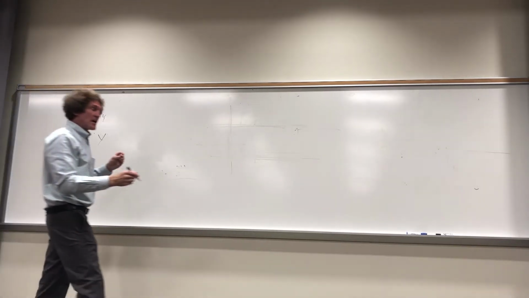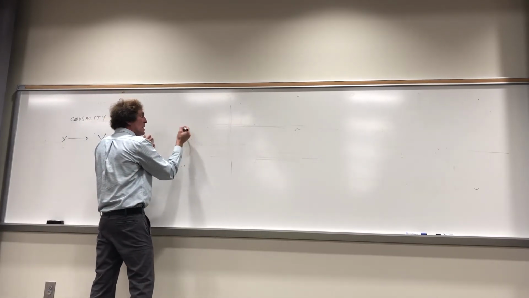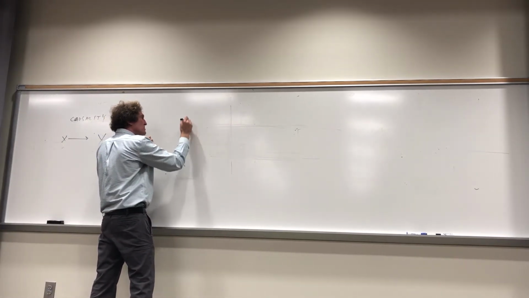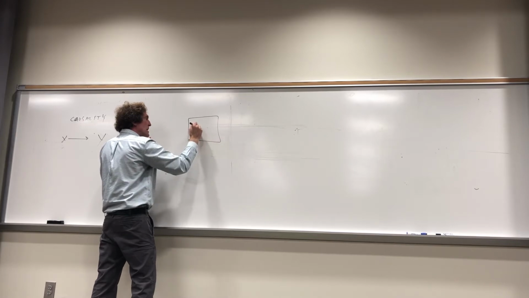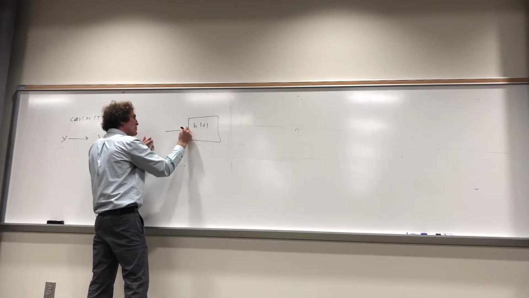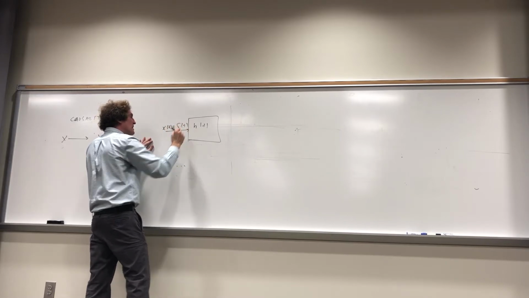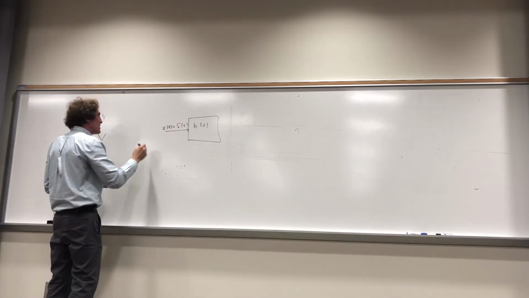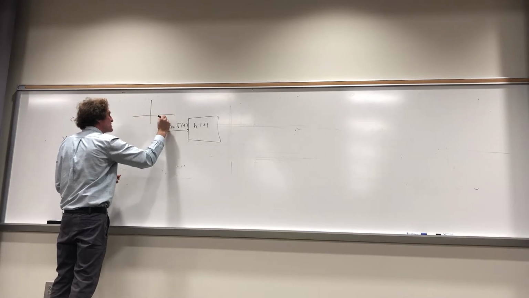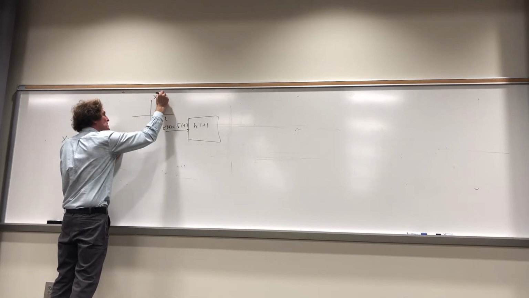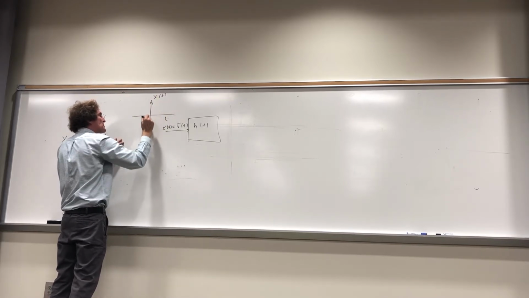If I have an event, let me use a delta function. Suppose this is my system, defined by h of t. And I put in my input as x of t equals delta t, which occurs at t equals 0. If this is t and this is x of t, it would be just a delta function at 0.